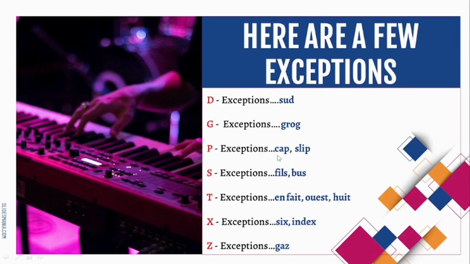Cap, sleep. All right. So you have cap and sleep for P. So these are the exceptions for P. P is typically silent. Always keep that in mind. G is typically silent. D is typically silent. But these are just exceptions. So just learn, you have to commit these to memory.